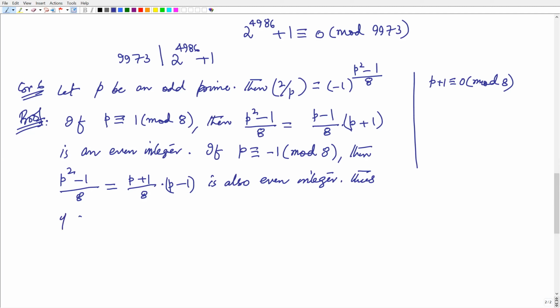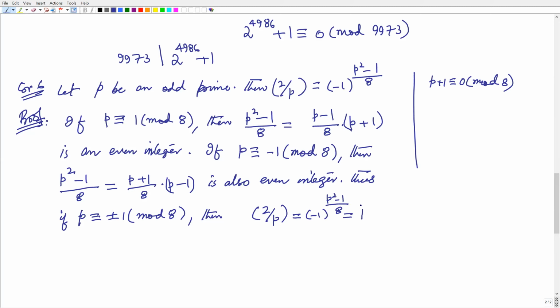Thus, if p is congruent to plus minus 1 modulo 8, then we can write 2 over p, this is equal to minus 1 to the power (p square minus 1) by 8, and this is equal to plus 1.